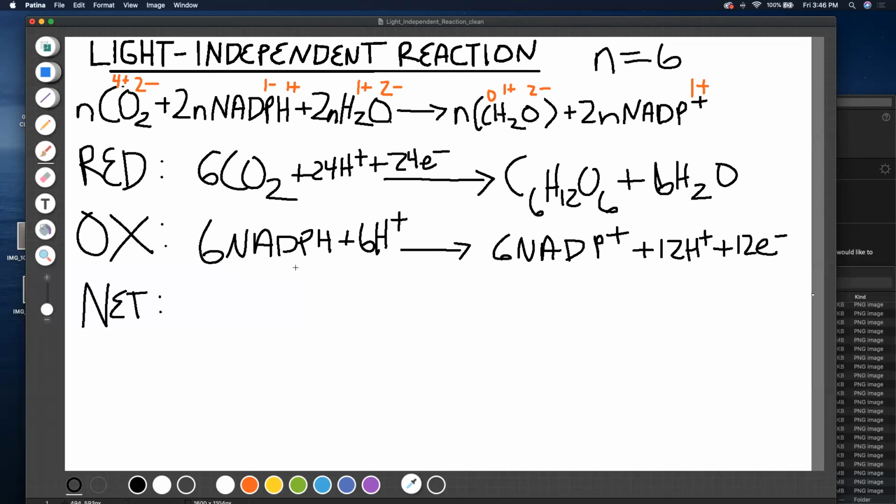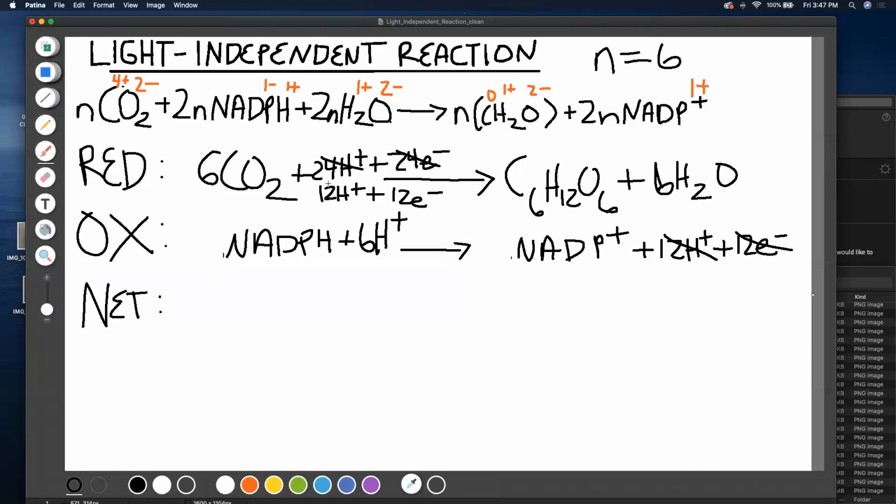So now in order to get our net equation, we start canceling like terms. There's 12 hydrogens, 12 electrons. I messed up here. It's supposed to be 12 NADPH and 12 NADP.